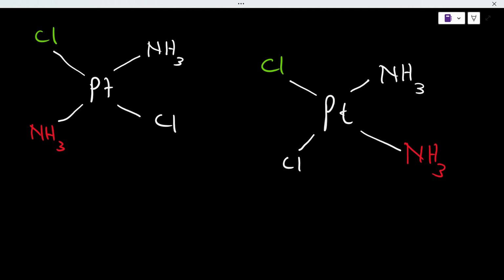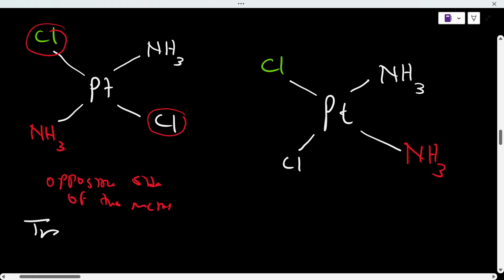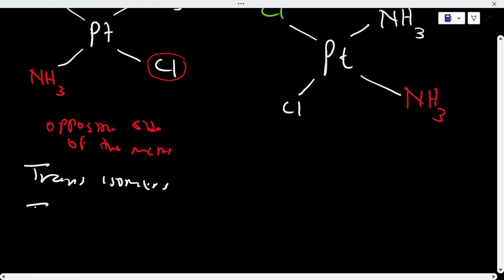If you look here, chlorine is found here, but the next chlorine is found on the opposite side of the metal. If it is found on the opposite side of the metal, it becomes a trans isomer. So this one is going to be called trans platin.